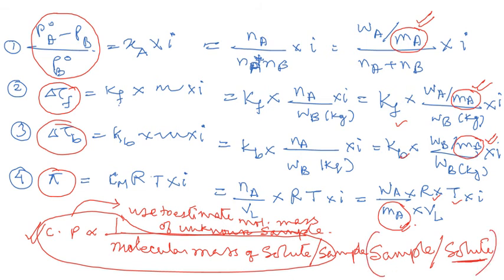So now let's say we have found the molecular mass of a sample. If we use the colligative property to estimate the molecular mass of the unknown sample, let's say we were expecting the molecular mass to be 4D, and we got it as 2D.